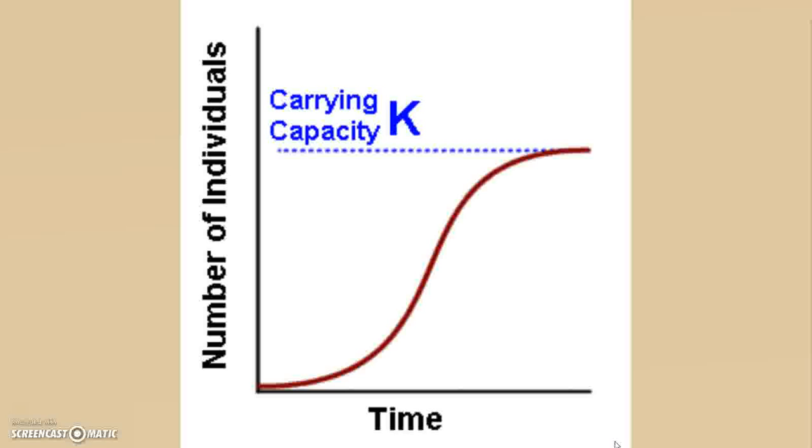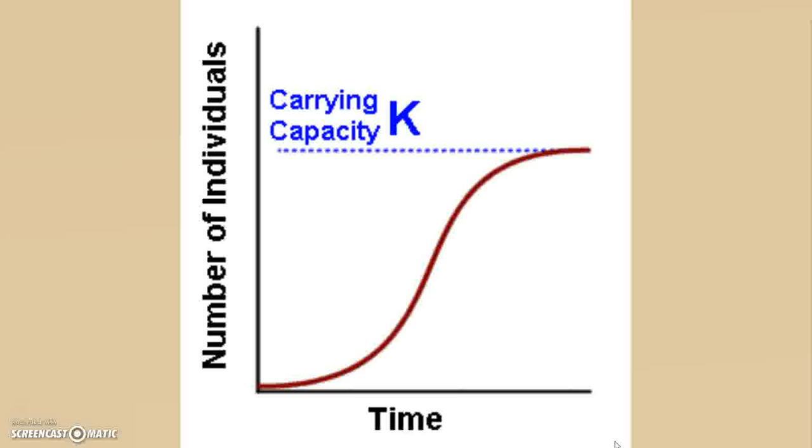We start out as that J-shaped curve, and then it's going to level off, and it's going to become an S-shaped curve. Okay, so logistic growth is going to be most of our population, because most of our populations don't have an unlimited supply of resources and supplies and habitats. Okay, so most of them are going to have a limiting rate.